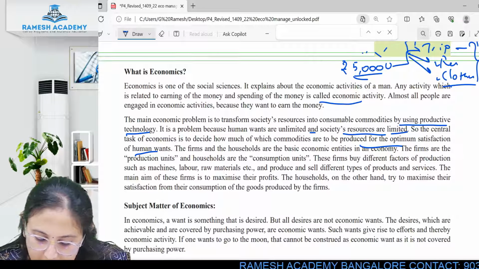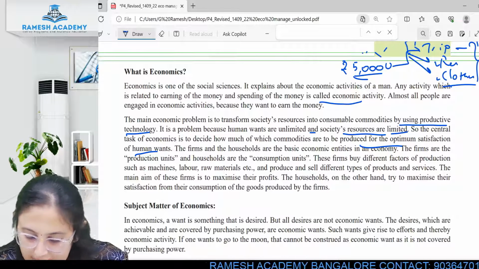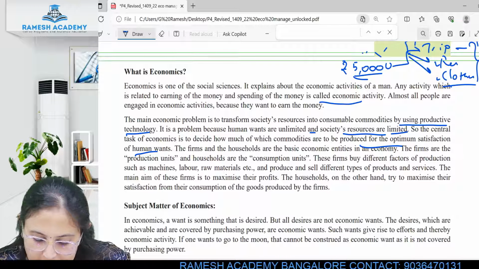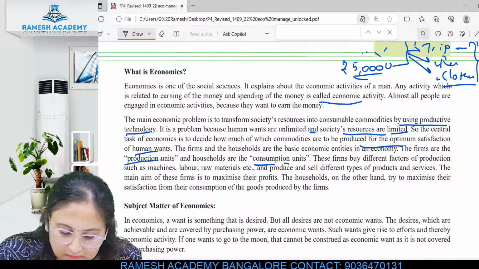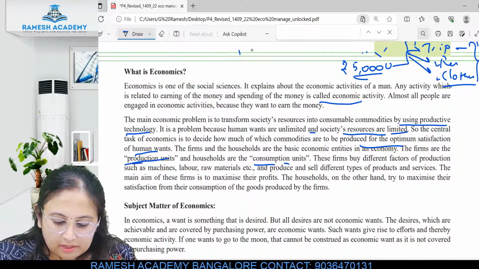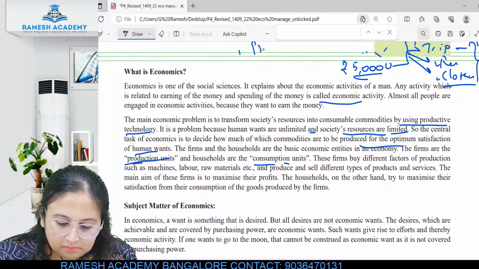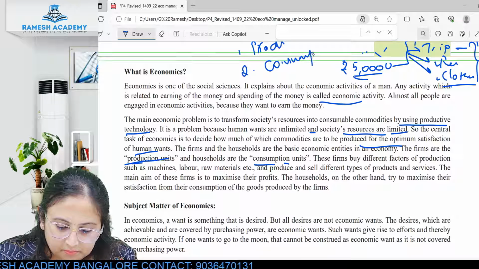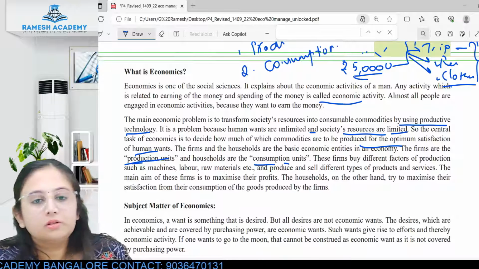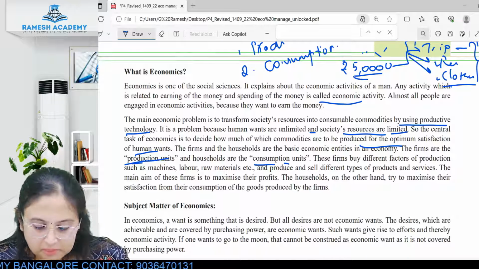So the firms and households are the basic economic entities in an economy, and the firms are production units and households are consumption units. See, there are two things: one is called production units and one is consumption units.